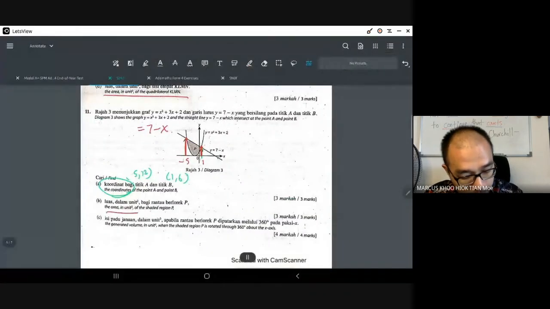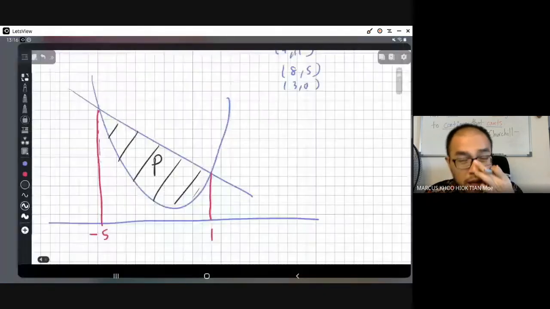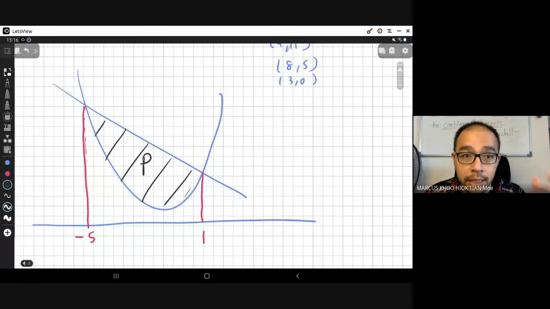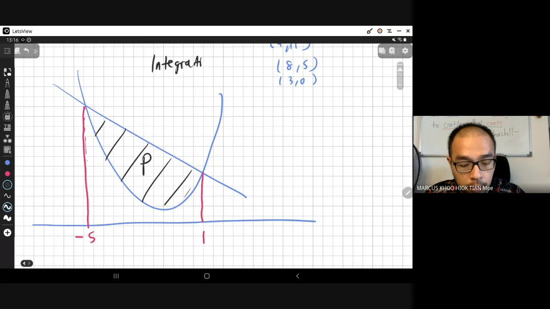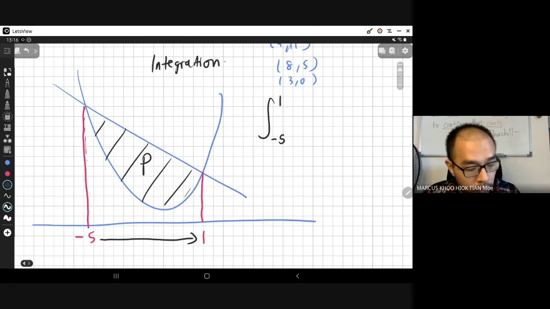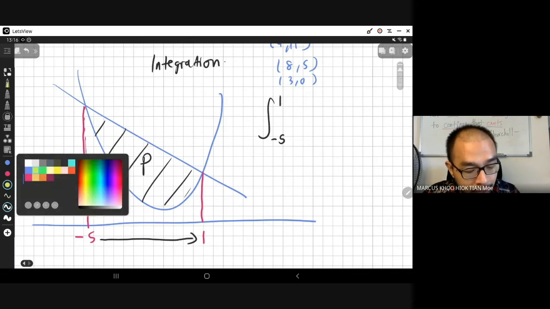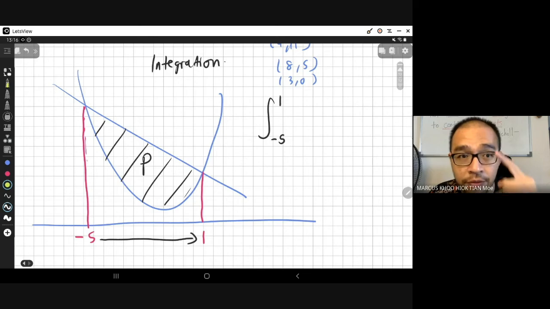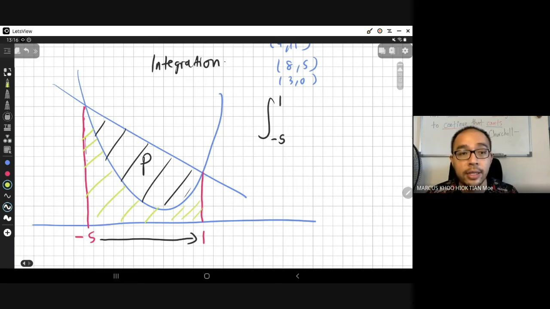Hold on. Yeah. Okay. And this is definitely from the chapter of integration. Okay. The thing that we need to understand now is the integration of negative 5 to 1. Okay, which is from here to here, is the area under the graph, not the area above the graph. Okay, this area, the green color area.